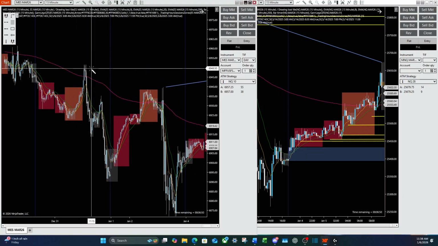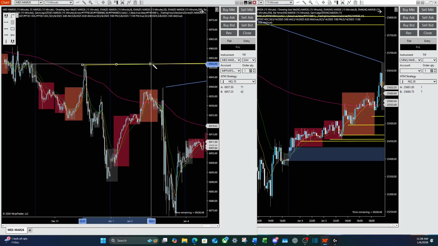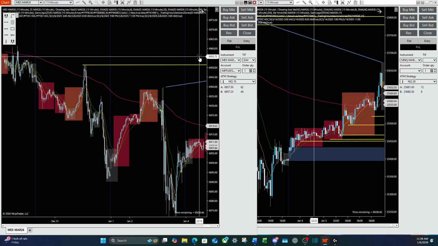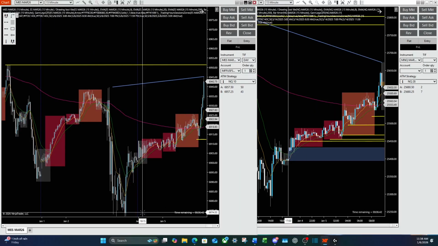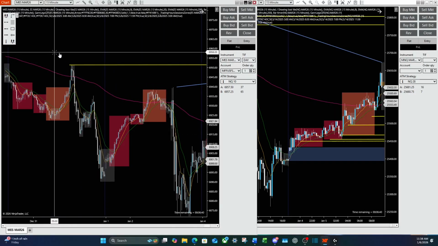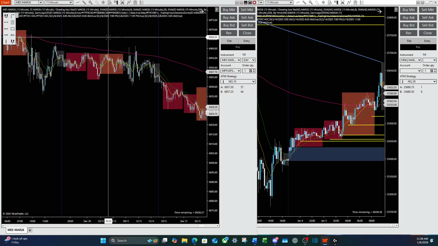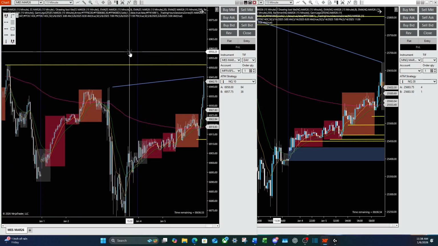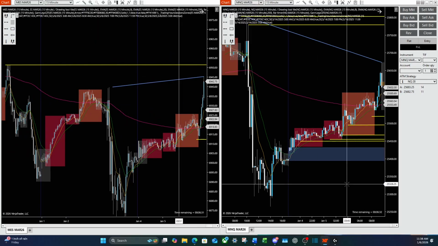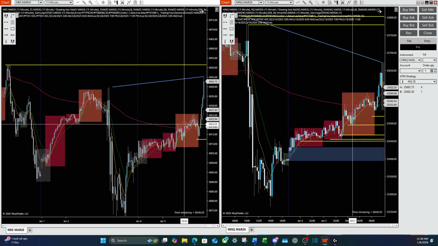Let me go ahead and mark it. 51.5. So that is an extra draw on liquidity on ES, this 51.5 level here, and then we have all this chop. So not many levels to the upside on ES, and we're already extended.